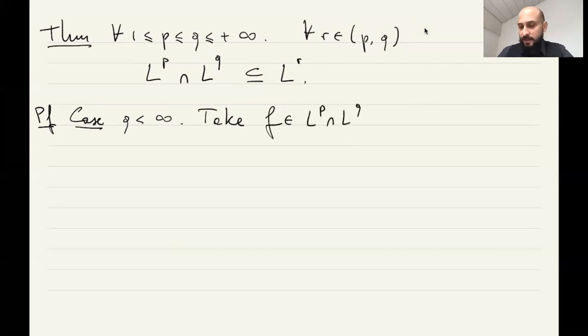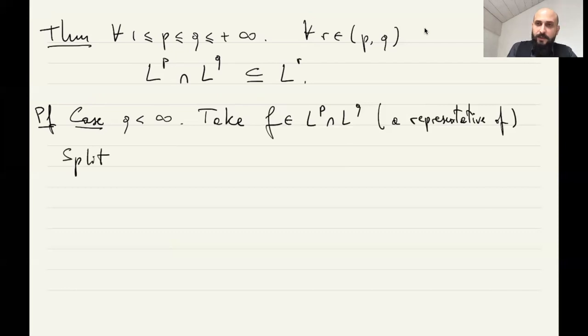When I say this, I mean take a representative of an element of a class, a representative of an element in L^p intersect L^q. It's important to have f defined as a function at every point. So we split f as g plus h.